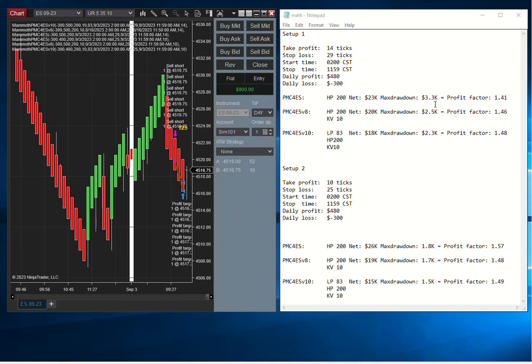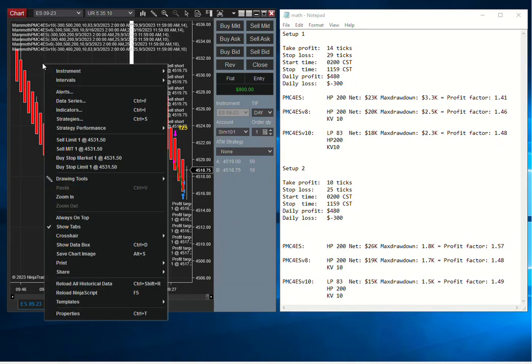So you're looking at risking 3.3K to profit 23K. And the profit factor for this strategy, 1429, is 1.41. Now, anything around or above 1.4 is a profitable strategy.